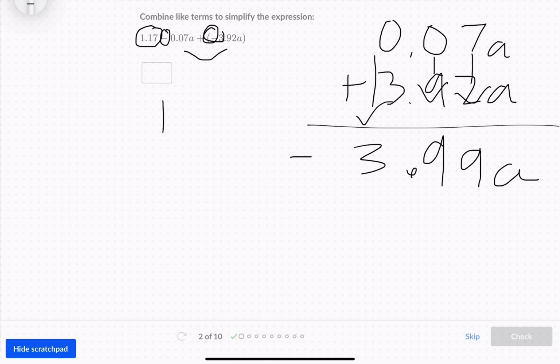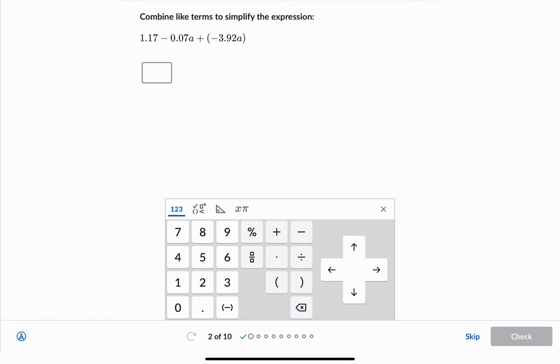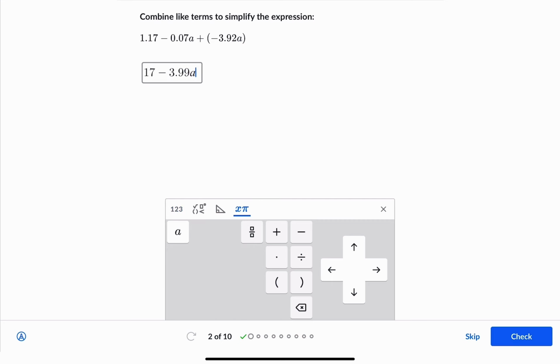So we get 1.17 minus 3.99. And we don't have any constant without a variable. So let's put that in. 1.17 minus 3.99a.